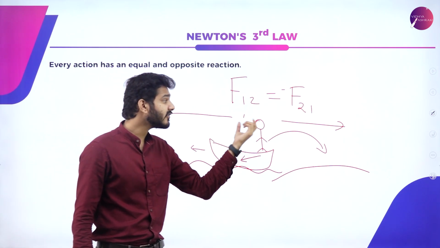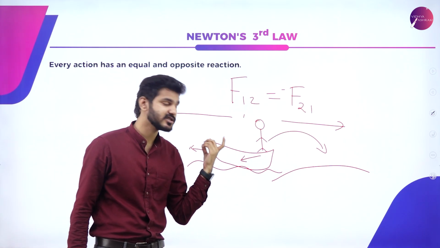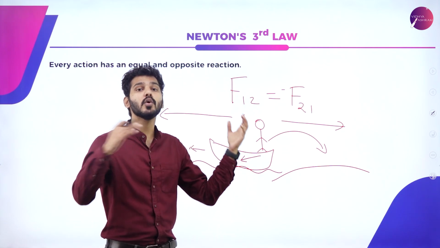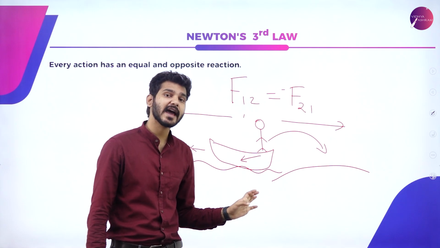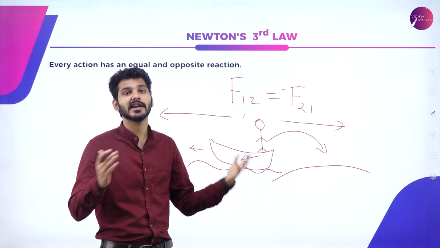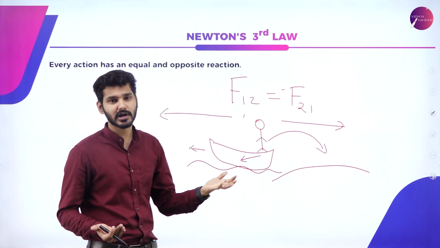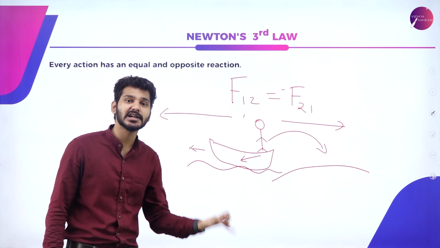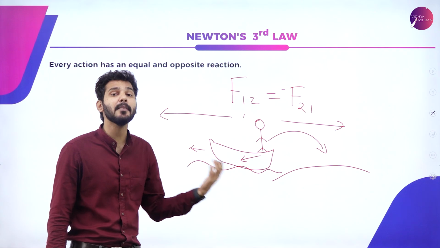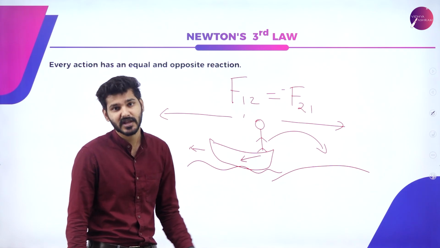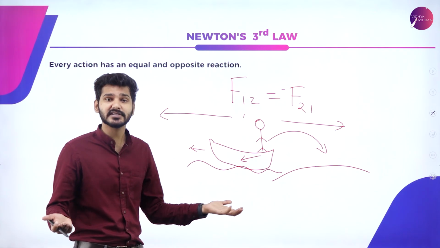So it is a pair of equal and opposite forces. It is not like the boat will have more force than the force you have just exerted, or that you will have extra force which you suddenly accumulate during the jump. No, it's not like that. Whatever force you exert, you get back the same amount of force in return. That is the basic assumption behind Newton's third law of motion.